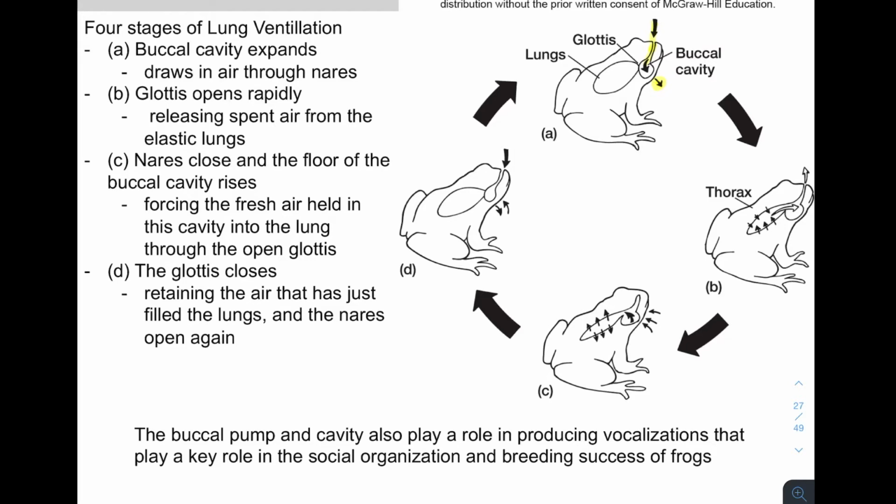Now, that fresh air is going to get stored in the floor of the buccal cavity. In the second step, what we're going to see is that the thorax is going to compress from the musculature around the thorax, and this is going to push the air from the lung towards the buccal cavity, but this air is going to stream itself over the stored fresh air and exit the nares.